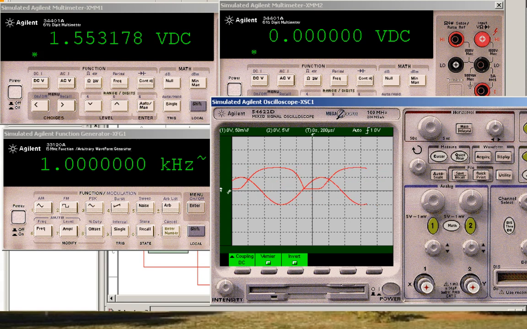Let me do an AC couple. That's 2 volts peak to peak. Or rather, that's a 2 volt input, reading almost 4 volts peak to peak on the output.